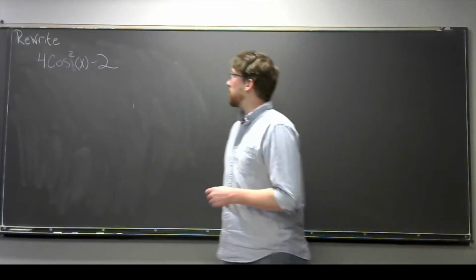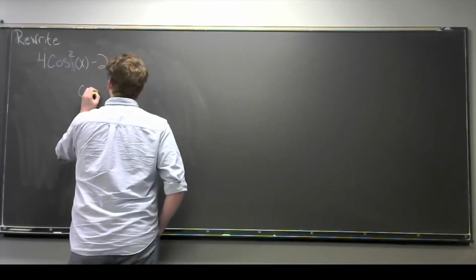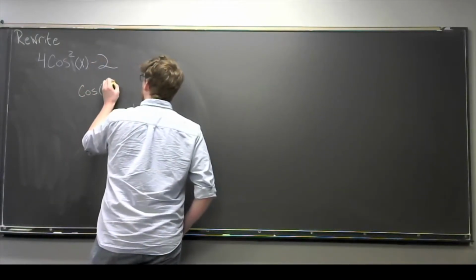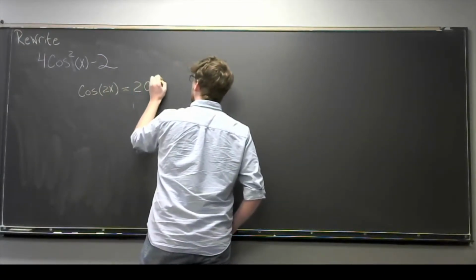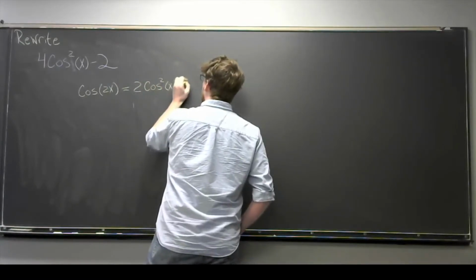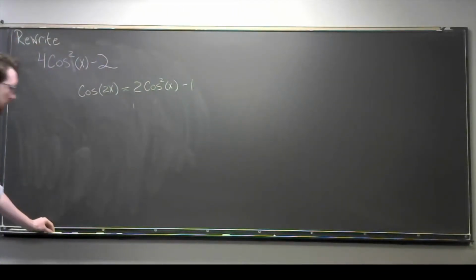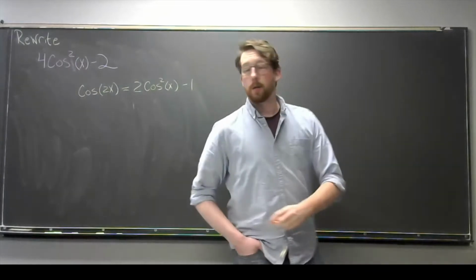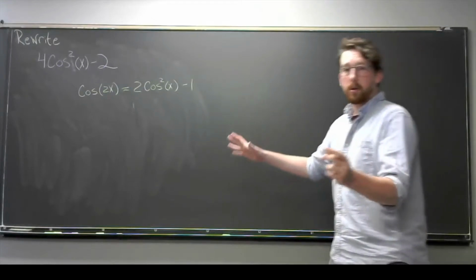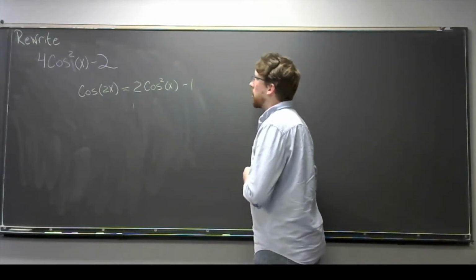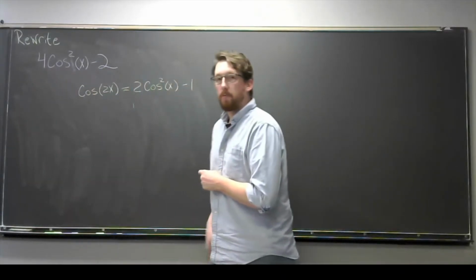So for this next example, what we're going to use is cosine of 2x is equal to 2 cosine squared of x minus 1. Now you might already see what to do. It's pretty quick and simple from here. What we're going to do is factor out a 2 from both of those terms.